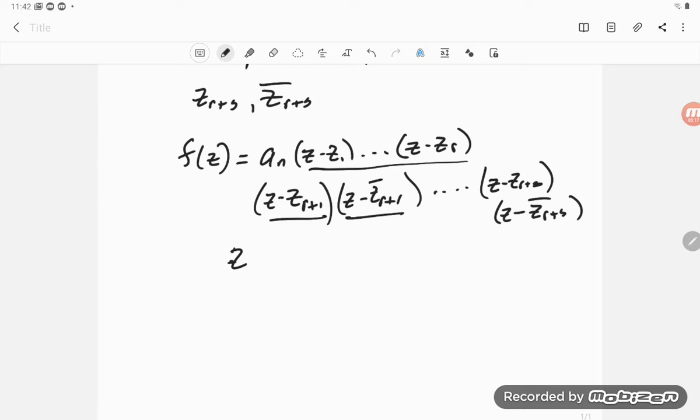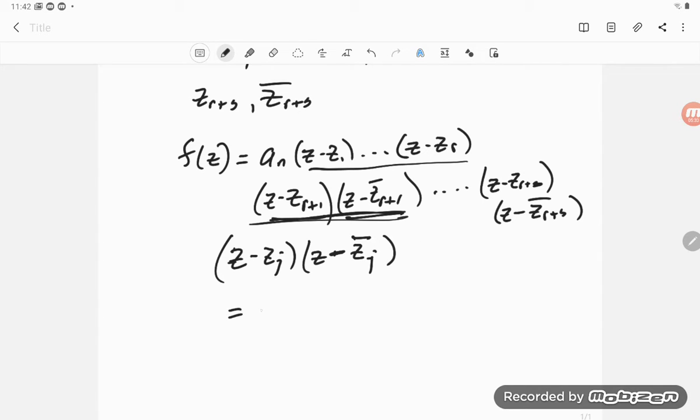They say, okay, I've got z minus zj, and I'm going to put those together, so times z minus zj conjugate.